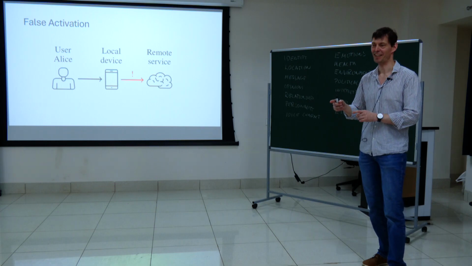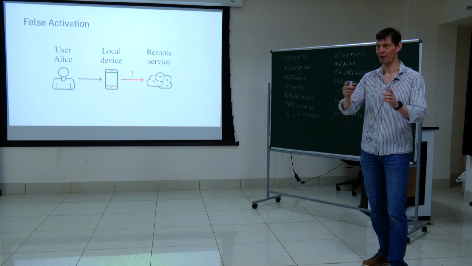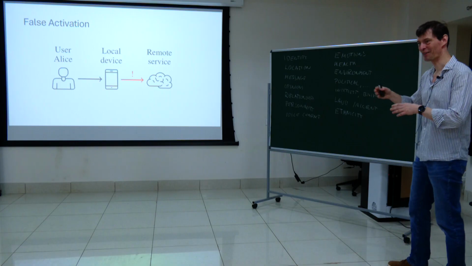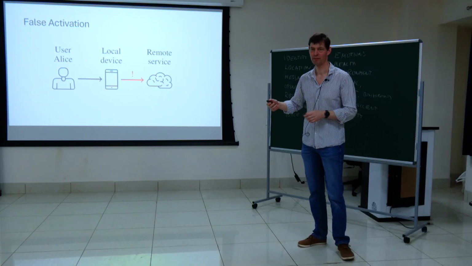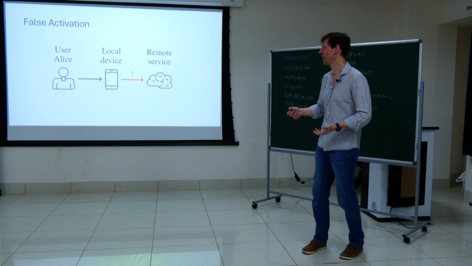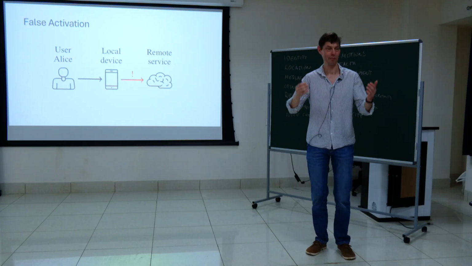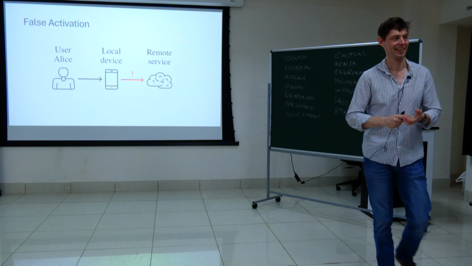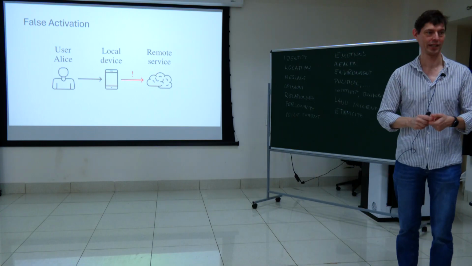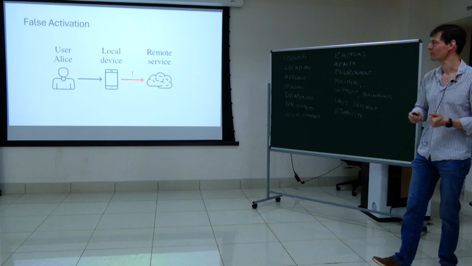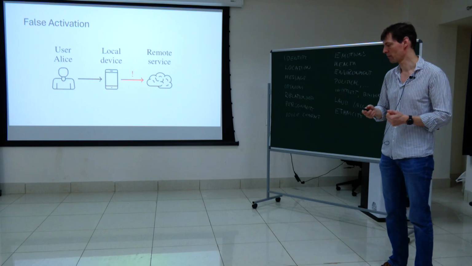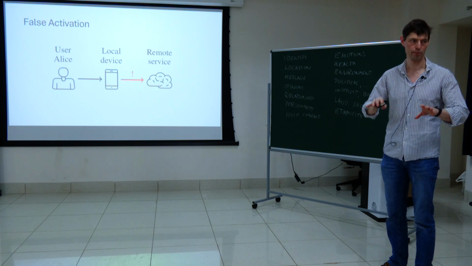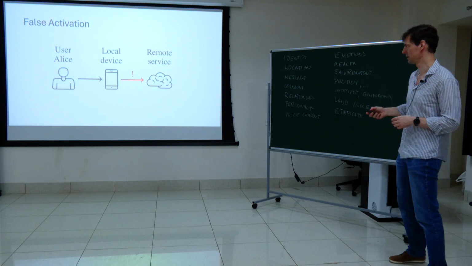So Alexa bought hundreds of TV viewers dollhouses. That's a false activation. There were things happening, and the local device thought it was meant for it and had to buy a dollhouse. So it was good for Amazon, they sold lots of dollhouses. But this is a real problem. It's again on the border of whether it's a security problem or a privacy problem, but anyway, it's a problem.